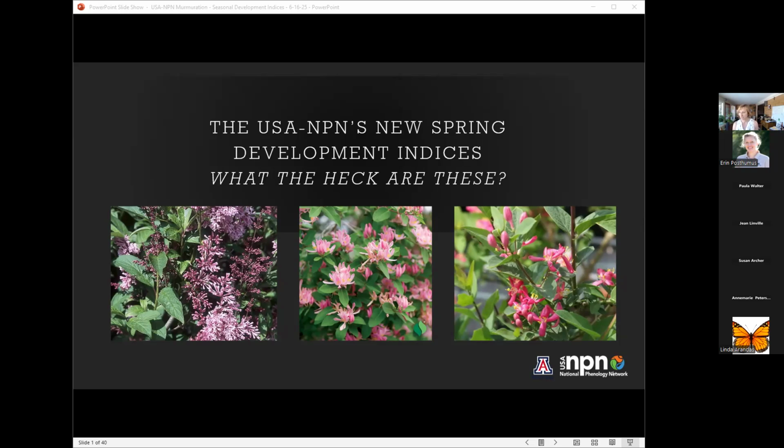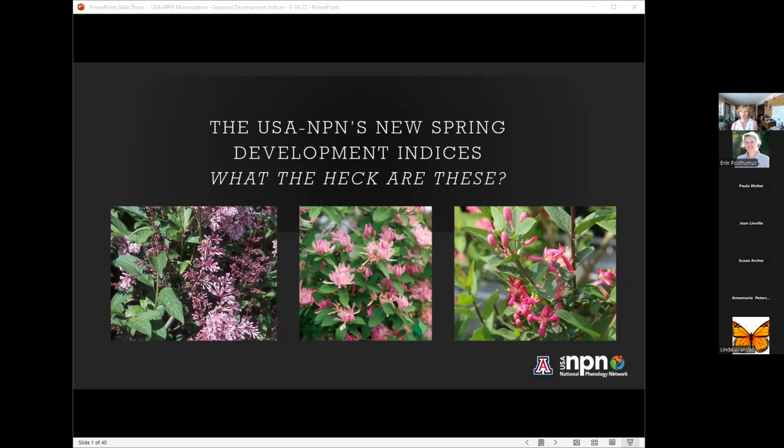So what I'm specifically going to be speaking about is how we generated a couple more of what we are calling spring development indices. And so maybe before I start, I just want to try to gauge your familiarity with the indices that we have had in place for the last couple of years. So maybe the best way is for people to just raise your hand if you have heard us talk about the spring index or the spring indices or the leaf index or the bloom index, and you have some idea of what that is.